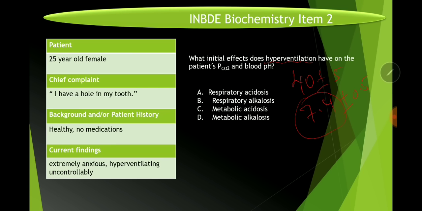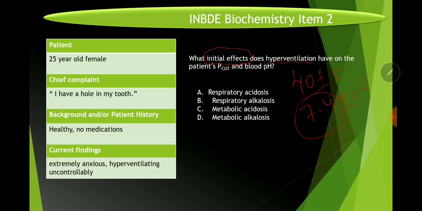Now, hyperventilation is a breathing issue. You have to understand the question is the initial effects, because hyperventilation also has late effects. The initial effect is mostly respiratory, so the gases are going to be imbalanced.